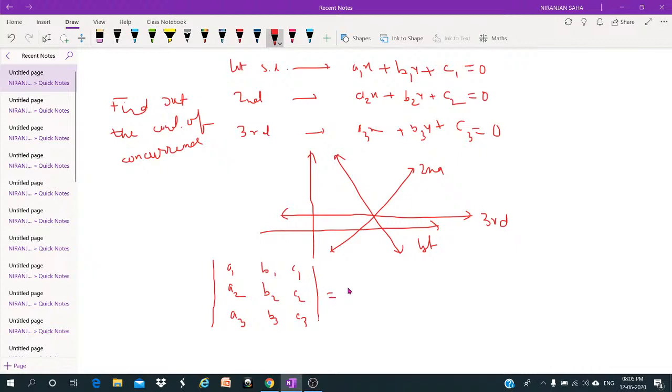It can be proved, but I am not going to prove this. So this is the required condition: the determinant of the coefficients of the three straight lines must be equal to 0.